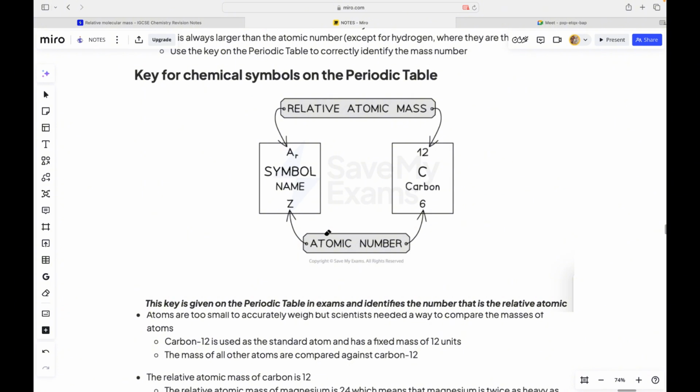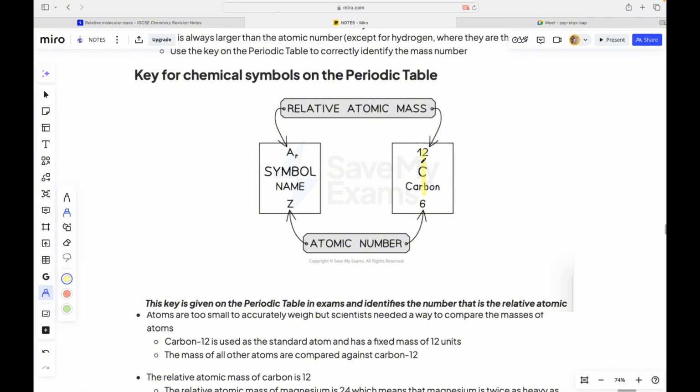Carbon-12 is a benchmark when we study relative atomic masses. So we always compare with the carbon-12 isotope: the average mass of the isotopes of the element we are discussing, compared with carbon-12.